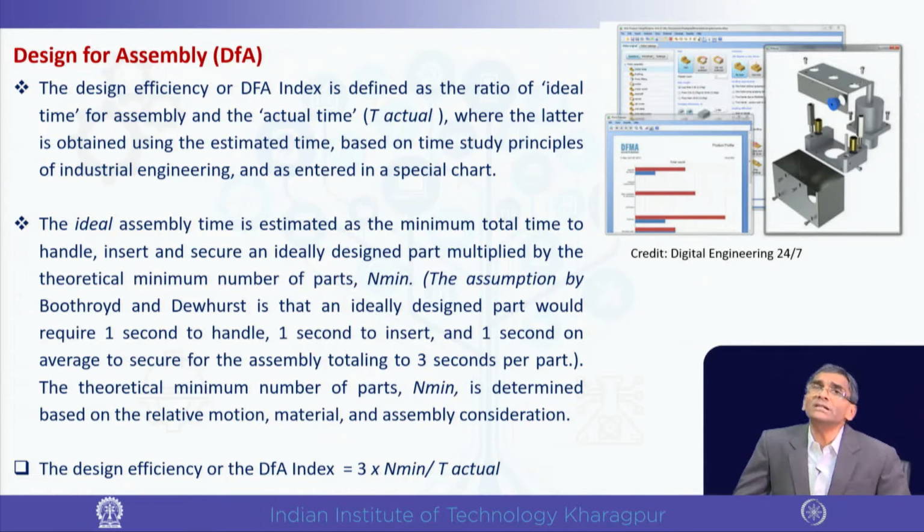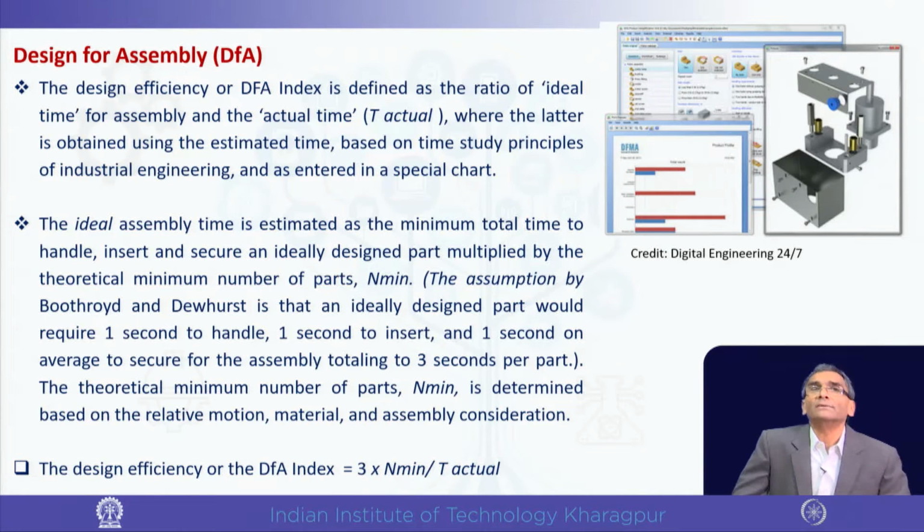If we can reduce the number to a minimum, then it becomes ideal. How the number of parts can be determined is a study that we will do now: the criteria based on which the number of parts can be decided optimally, or minimally, here.